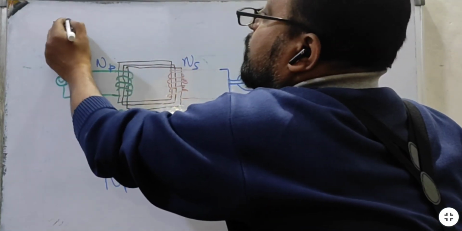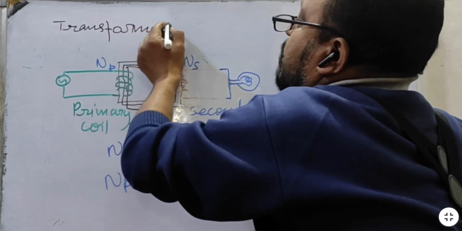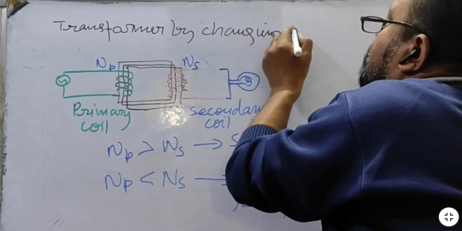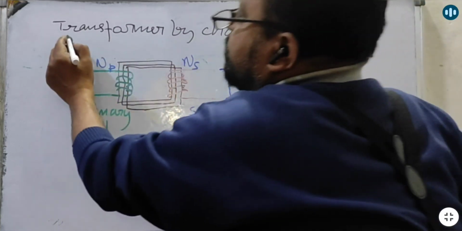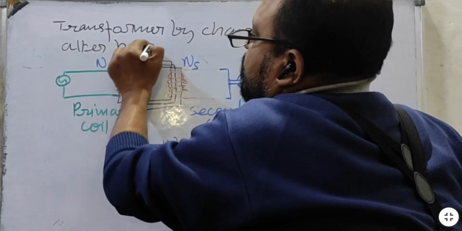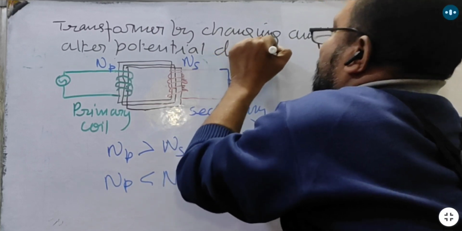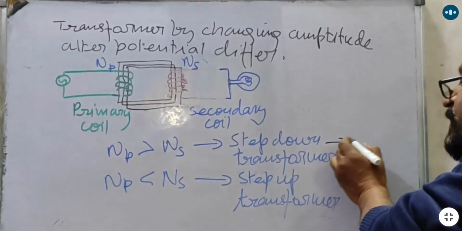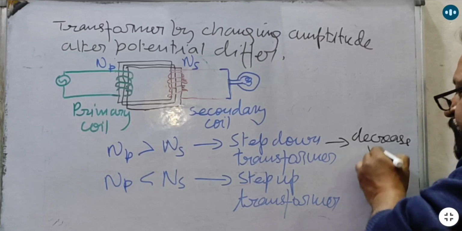Now this step down transformer decreases the potential difference, right?